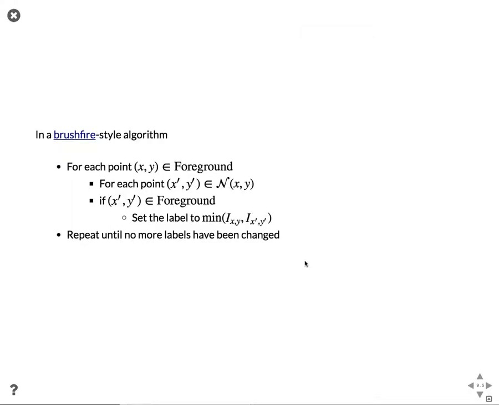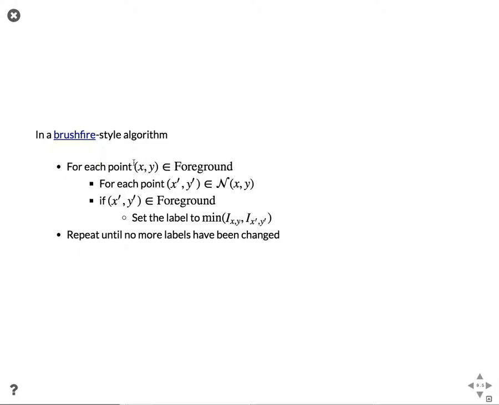We can then take this image and iteratively go through it in this brush fire style approach, where we take each point that's in the foreground, or each point that's now non-zero, and then go through each point in the neighborhood. So we have a neighborhood of x and y.